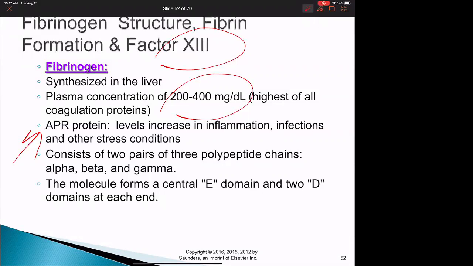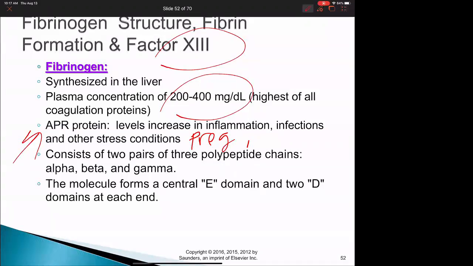We also said it increases in pregnancy, or when people take oral contraceptives. So any kind of stress condition the patient may be going through will have an increase in these acute phase reactant proteins, such as fibrinogen.